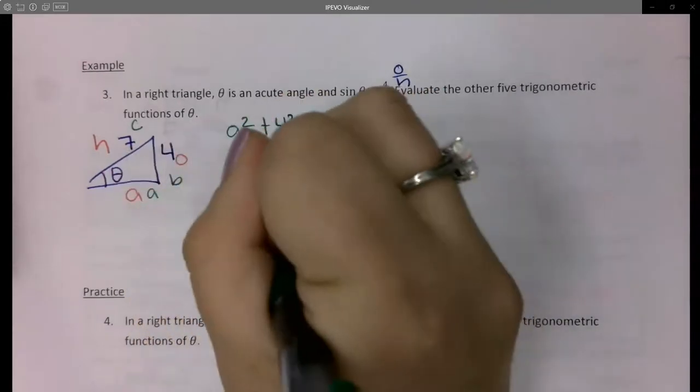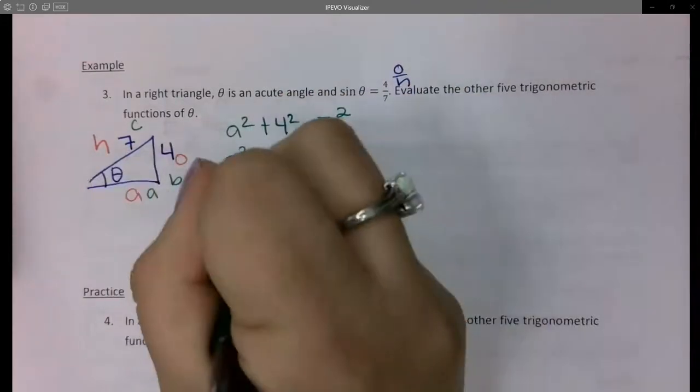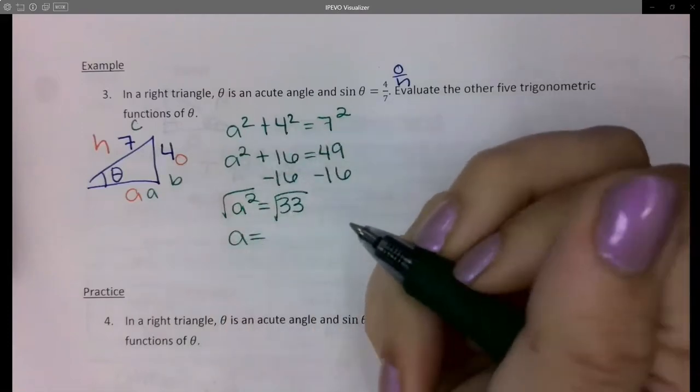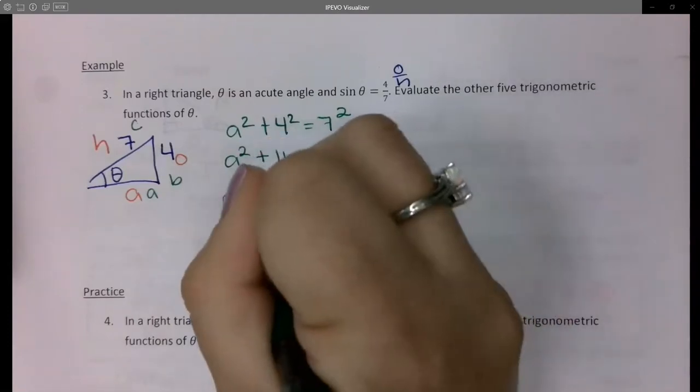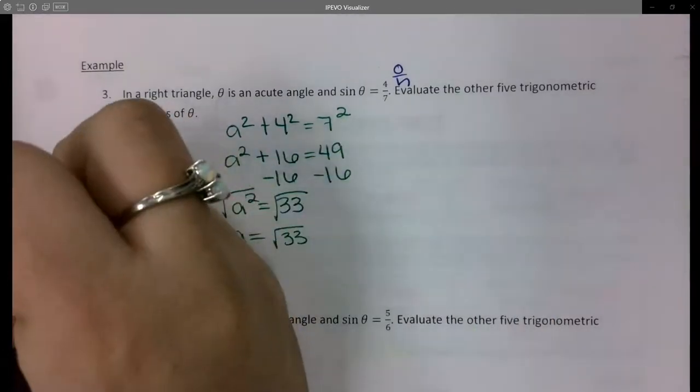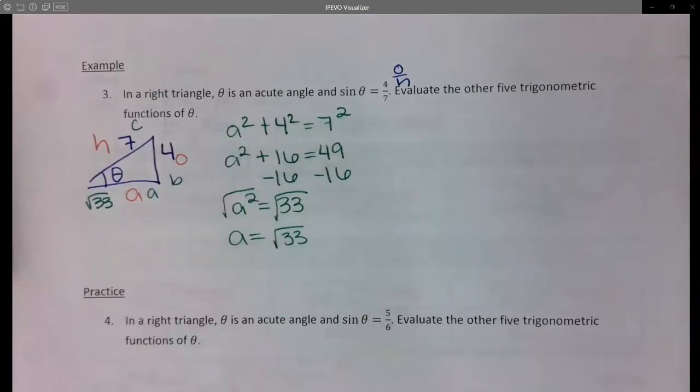Then I want to take the square root of both sides, which gives me A on the left. On the right, I can't take the square root of 33 nicely, so this just stays the square root of 33. So I'm going to go label that back on my triangle.